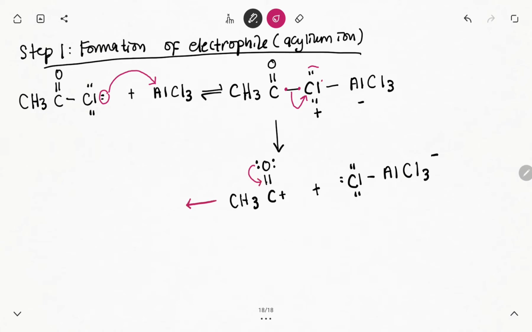The new resonance structure formed is CH3, C, with a triple bond to O. When we check the formal charge, oxygen is 6 minus 5, positive 1, and carbon becomes 0. So we can call this a resonance structure of the acylium ion.